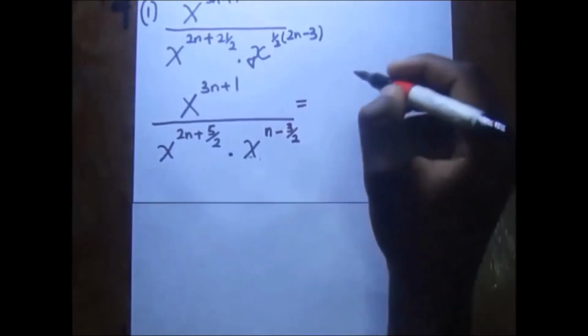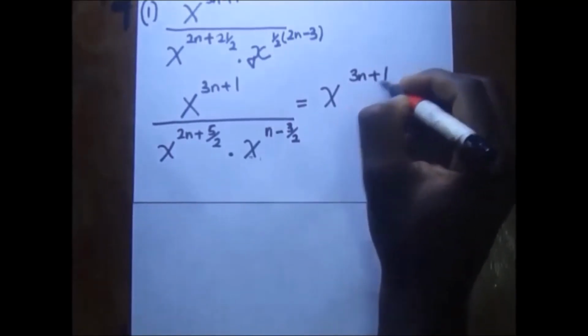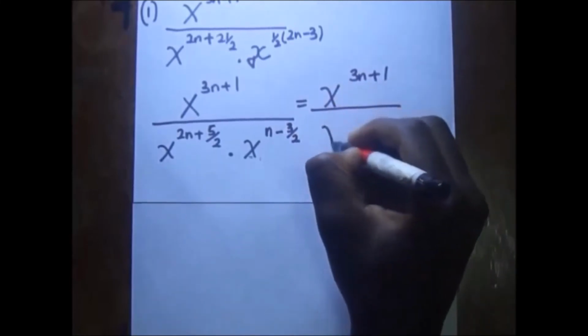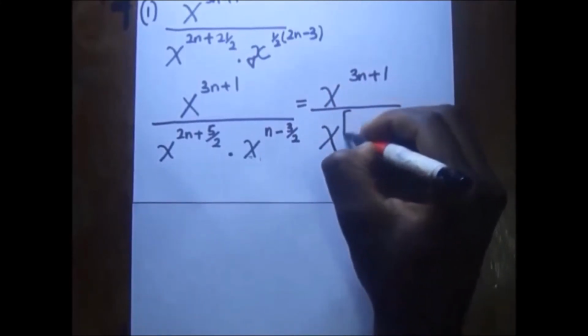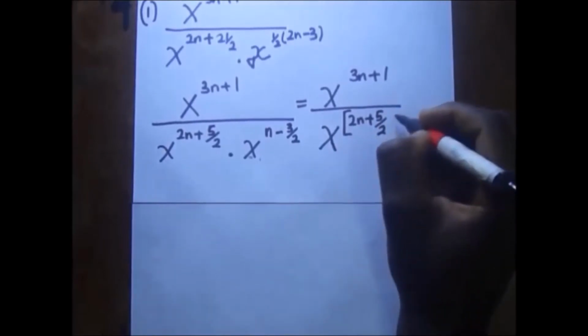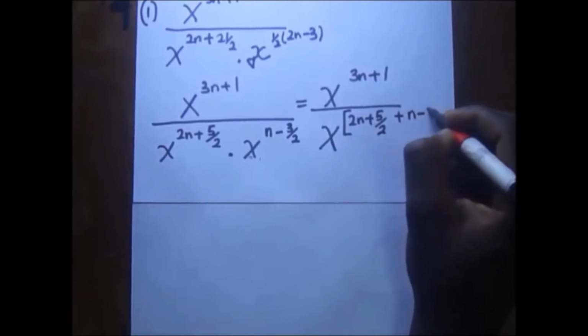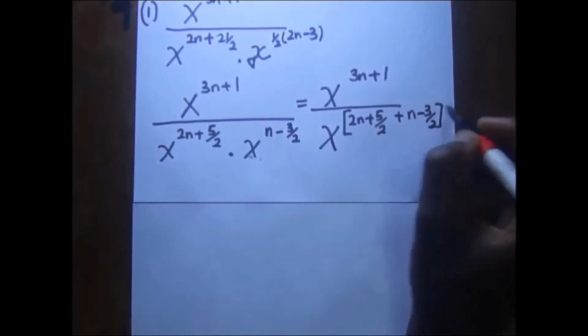So this will simply be x to the power 3n plus 1, divided by x to the power 2n plus 5 over 2 plus n minus 3 over 2.